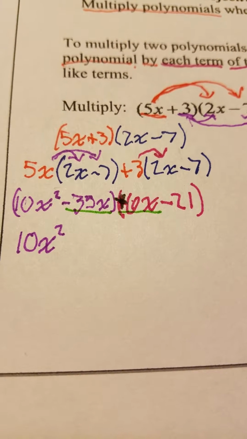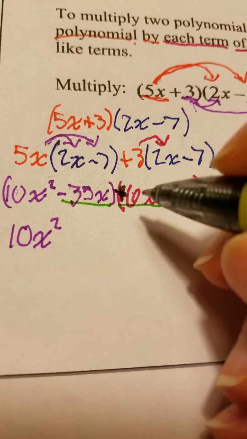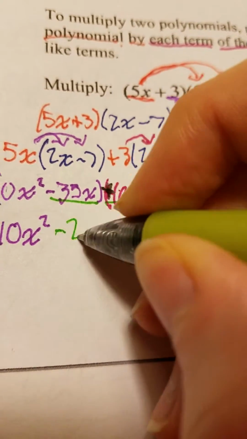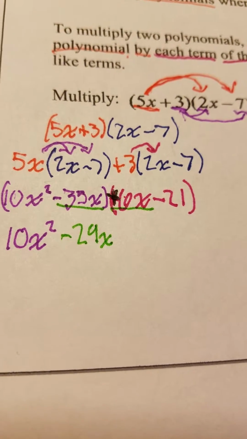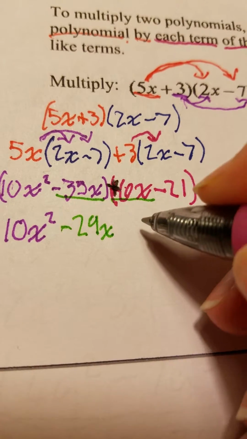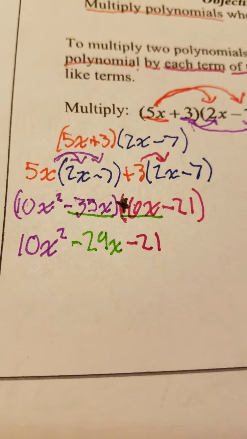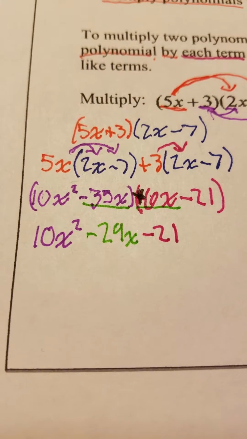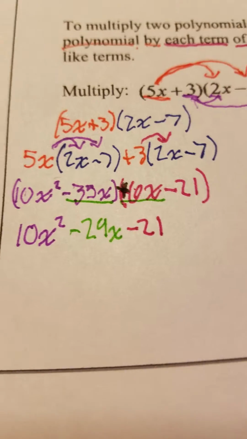Negative 35 plus 6 would equal negative 29. So then you have negative 29x here. And then you just drag down your little negative 21. And boom, you have your solution to that.